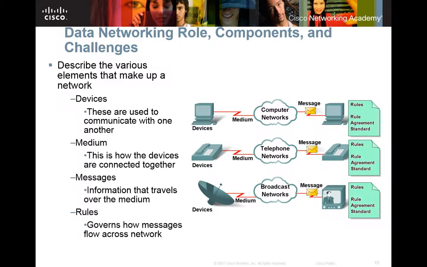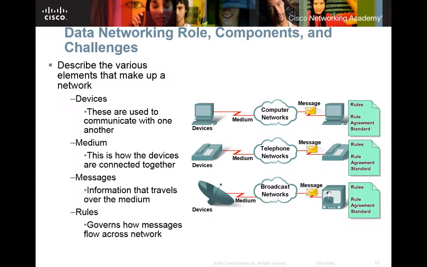So what types of devices do we have that make up these networks? We have devices, a medium, messages, and rules. Like we just talked about, the rules govern how the messages are going to be translated and transmitted. The messages are the single bits of information flying across the network faster than we could ever comprehend.